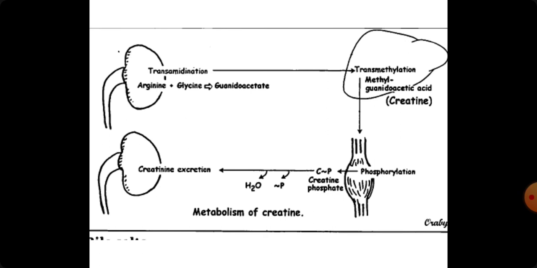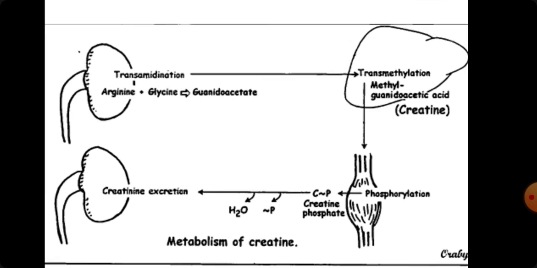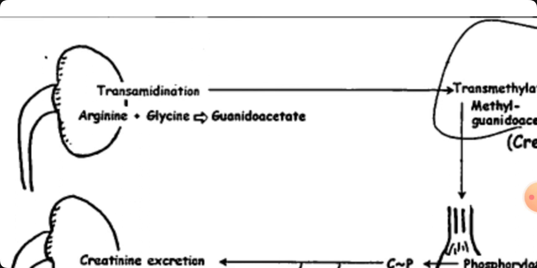Here is a diagrammatic representation of how creatine makes its tour in kidney and liver. The first reaction, formation of guanidoacetic acid, takes place in kidney. That is, arginine combines with glycine to give guanidoacetic acid.